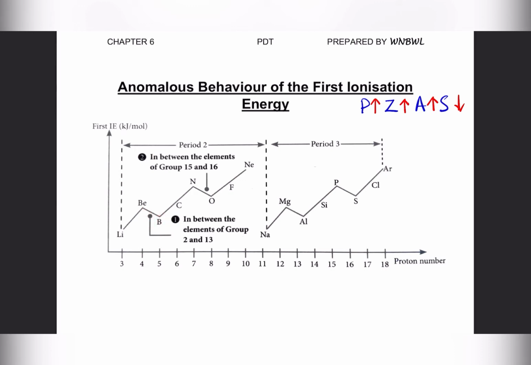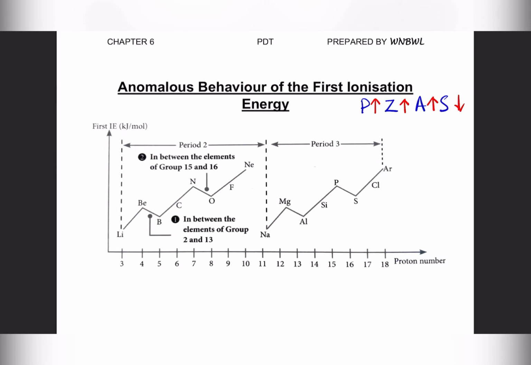And same case with elements nitrogen and oxygen, it decreases. So inilah yang kita akan explain kepada dua bahagian untuk period 2, where we are going to use the same case for magnesium and aluminium and also phosphorus and sulfur. Tapi saya hanya explain salah satu sahaja supaya awak clear kenapa anomalous behavior ini berlaku.